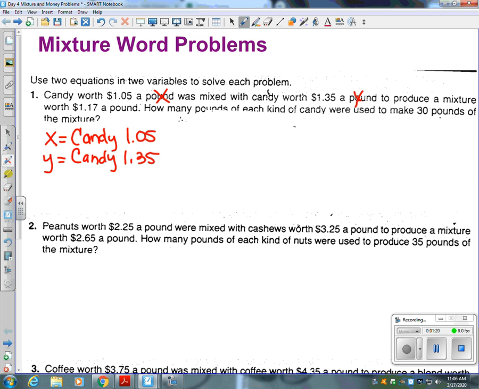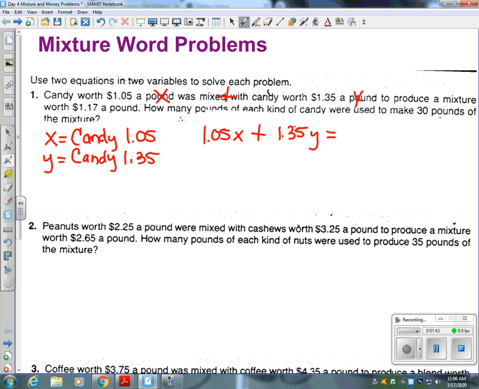Okay, so we have $1.05 times X, and it's mixed. Whenever you mix something, that means you're going to add it. So plus $1.35 of the Y is equal to a mixture. Now you're going to mix the X and the Y together, and that is $1.17 a pound.